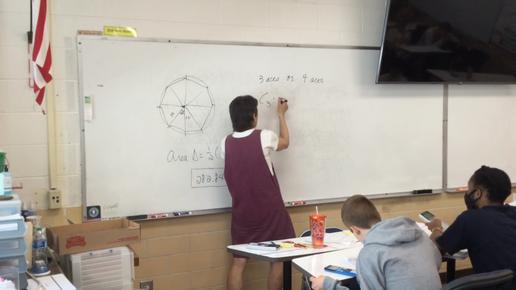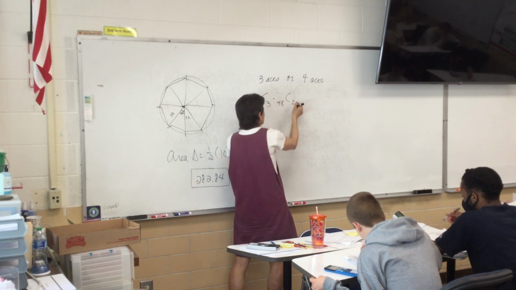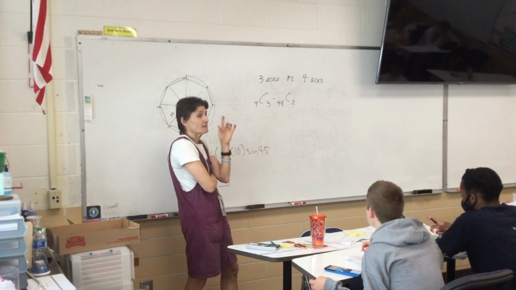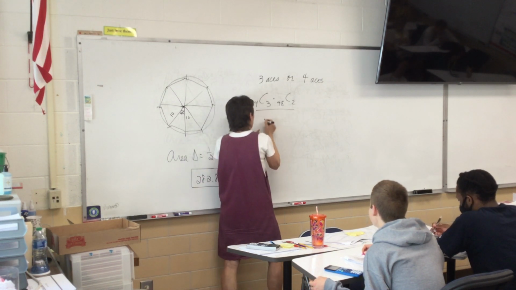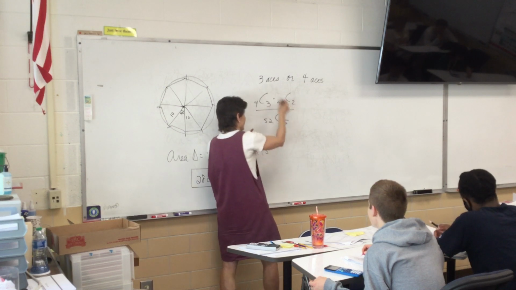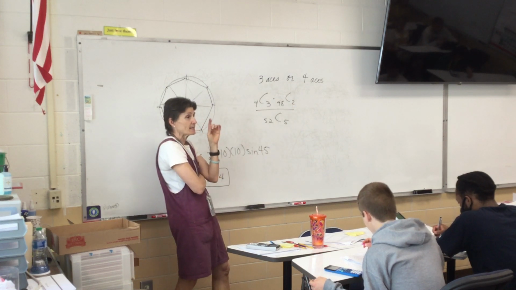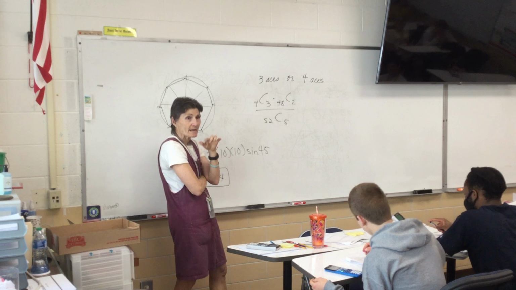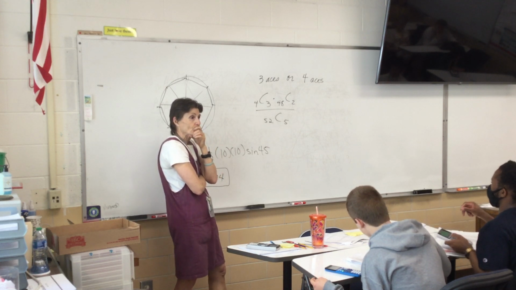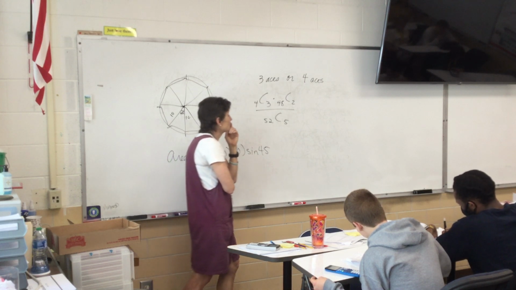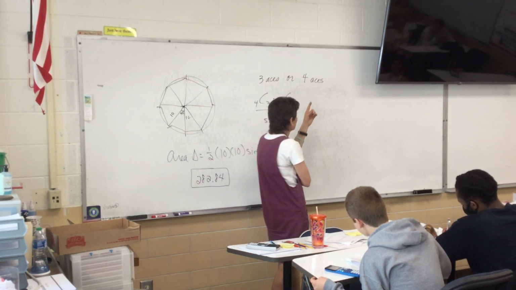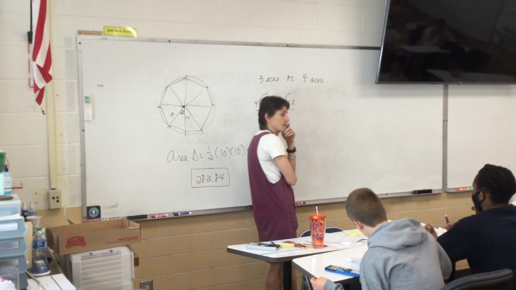That is over 52C5. Yes, this right here is the probability of getting exactly 3 aces. Right? Now, what's the probability of getting exactly 4 aces?